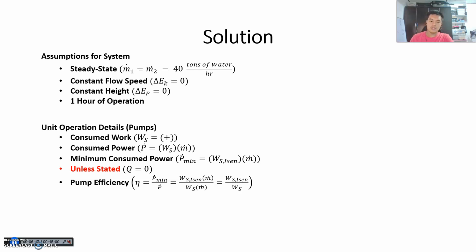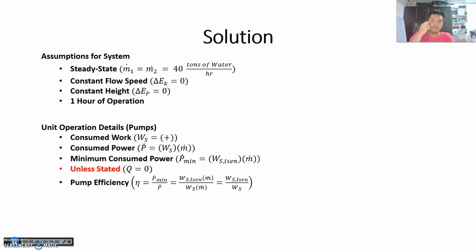Then, consumed power, which is a function of consumed work, must also be positive. The consumed power's formula is simply the shaft work multiplied by the mass flow rate. The minimum consumed power uses the same formula, such that the shaft work is at isentropic conditions. And unless the problem states that there is heat release, we will assume that the pump works adiabatically, meaning Q equals 0.